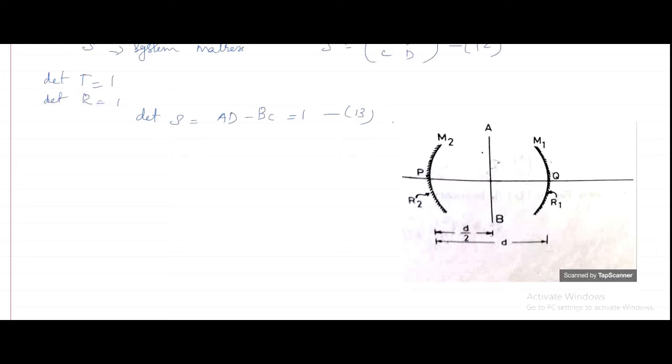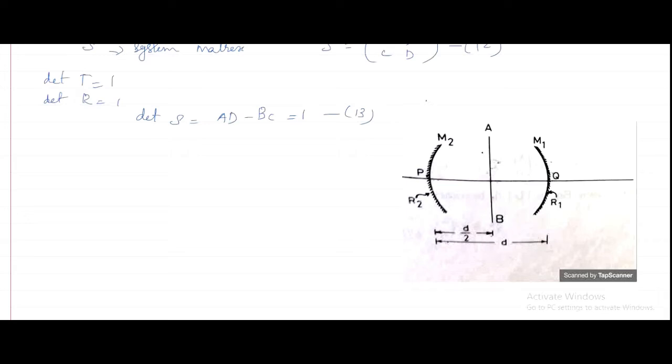After suffering a second reflection at M2, it returns to the plane AB. This corresponds to one complete cycle of the ray, and this process repeats itself and we obtain rays traveling along both directions in between the mirrors M1 and M2.